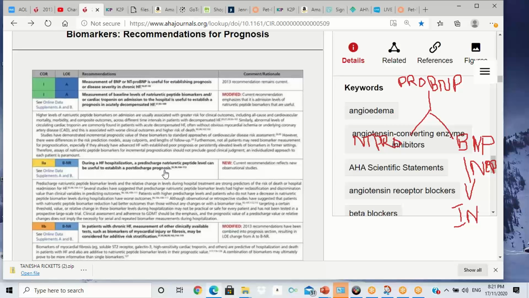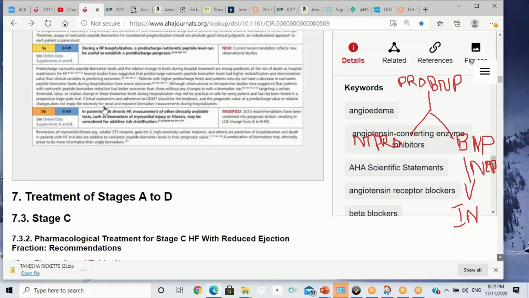So when they're admitted, you'd get one to see how sick the patient is and to establish the diagnosis of heart failure. Before the patient goes home, you'll also get a BNP level because the current recommendation reflects new observational studies that suggest your pre-discharge BNP can also give you some prognostic data on these patients.